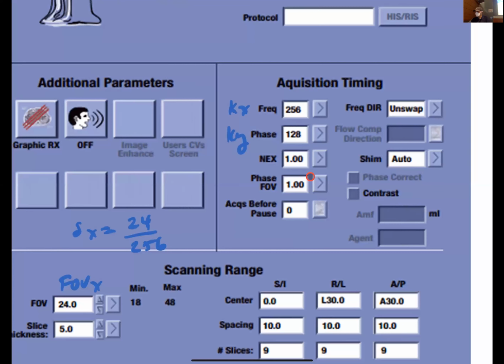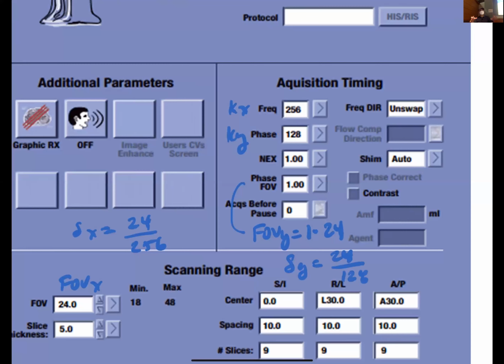So this means FOV of y is equal to 1 times 24. Okay, so that's the fraction. So then I can say that delta y equals 24 divided by my matrix size in the phase direction, which in this case is 128. Right? So that's what happens.